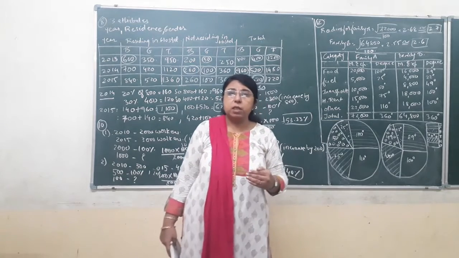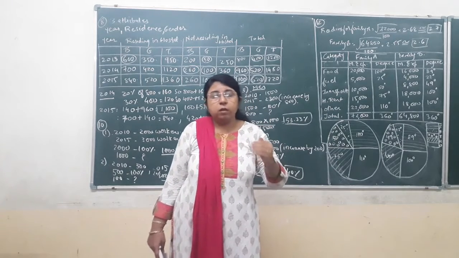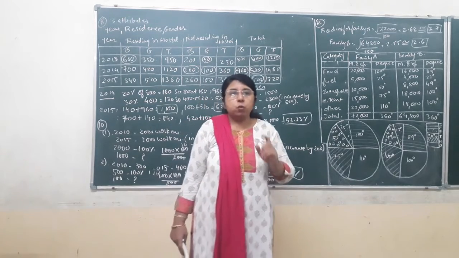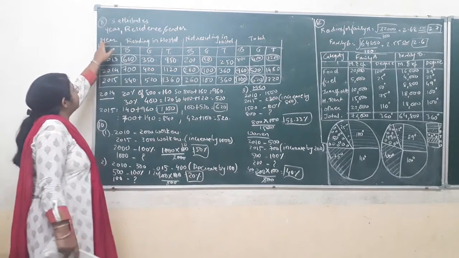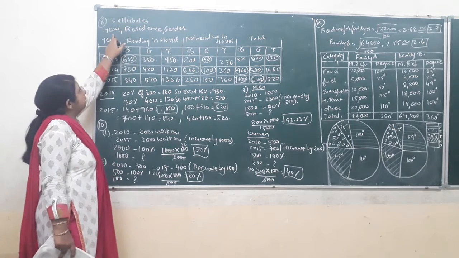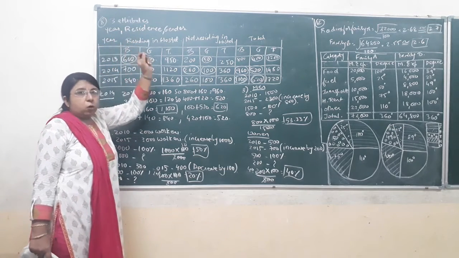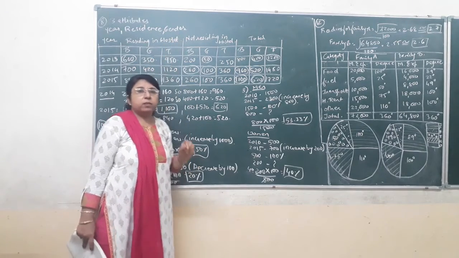It means you can see that 3 years data have been given to you, that is 2013, 14 and 15. So you can identify after reading the question there are 3 attributes on the basis of which we have to prepare the table. The 3 attributes are here: year, residence, that is residing in hostel and not residing in hostel, and the third one, that is gender, that is boys and girls.